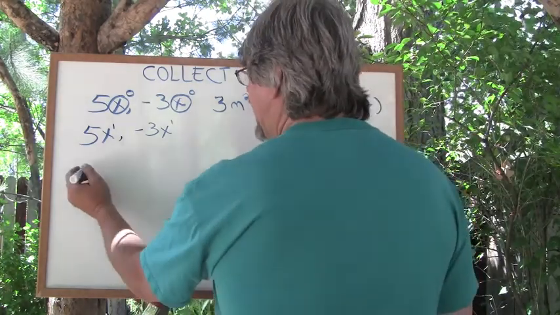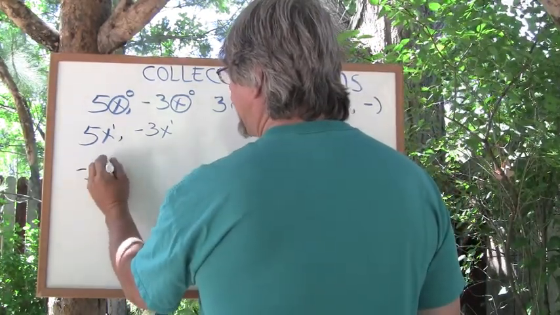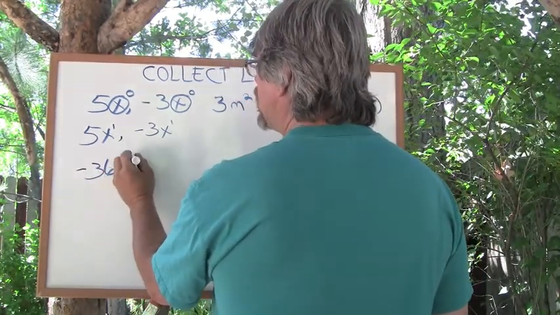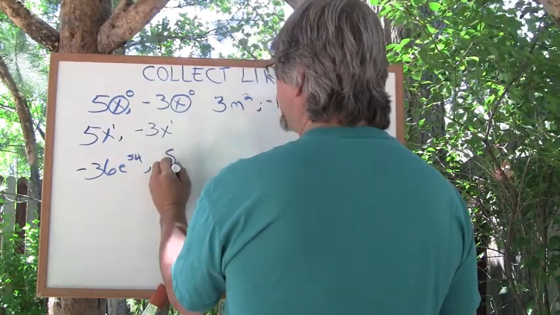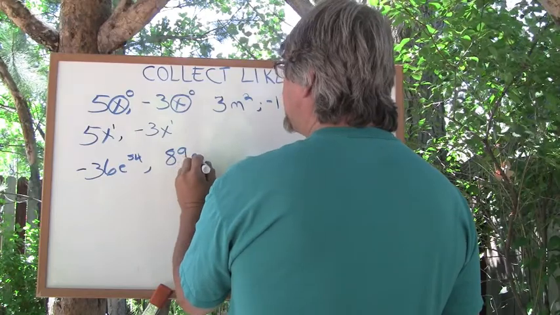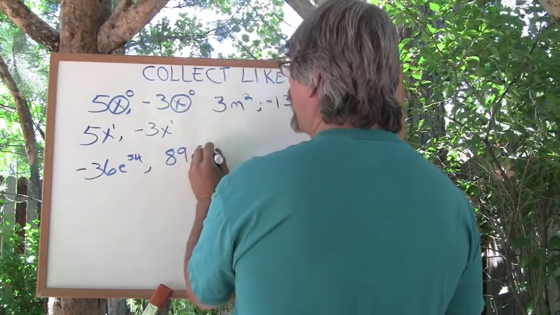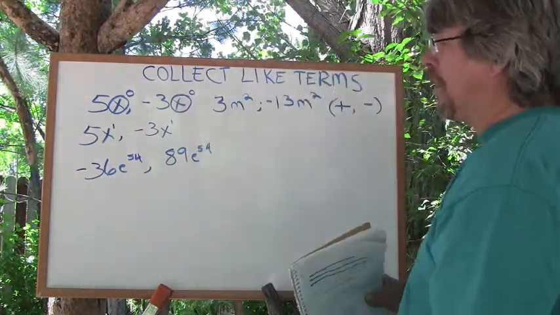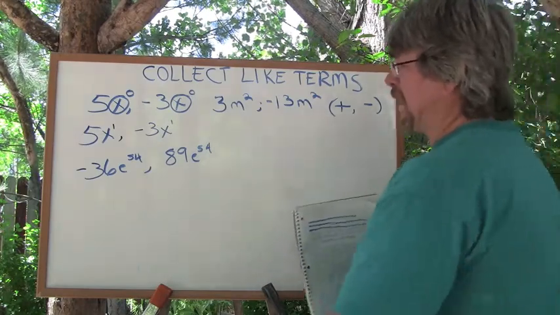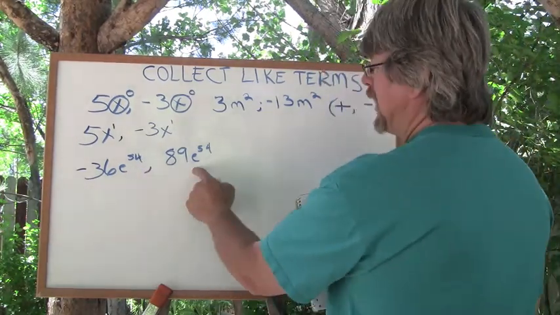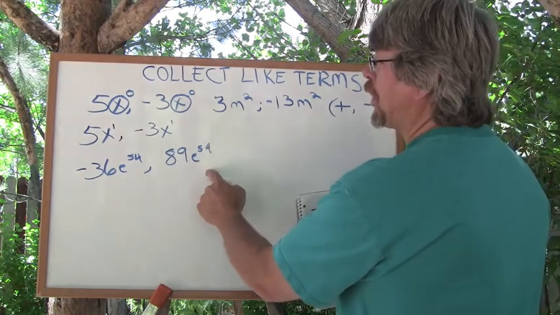If we have negative 36 e to the 54th and positive 89 e to the 54th, those are like terms. They are both the same thing. E to the 54th, e to the 54th is the clue.